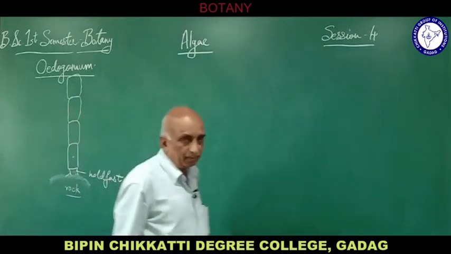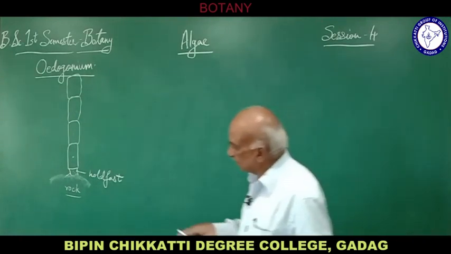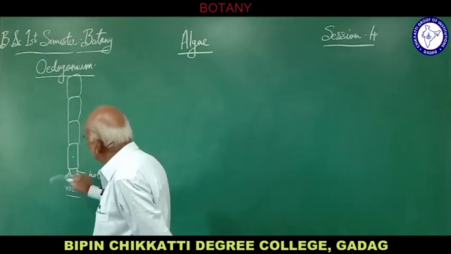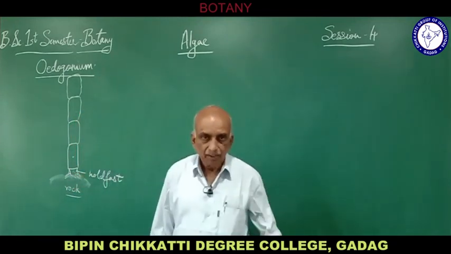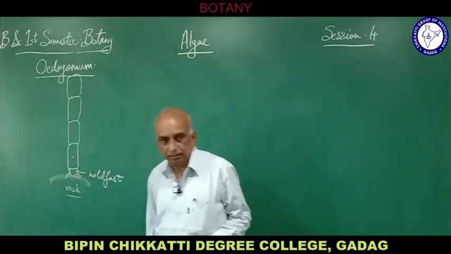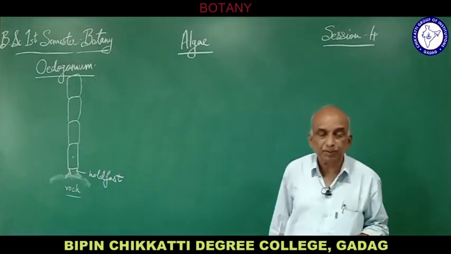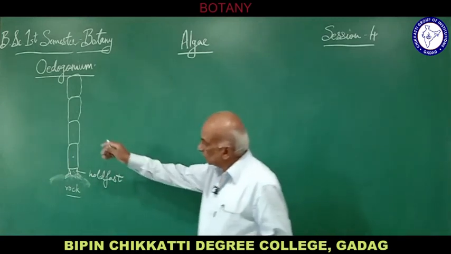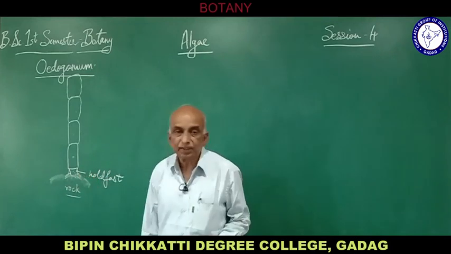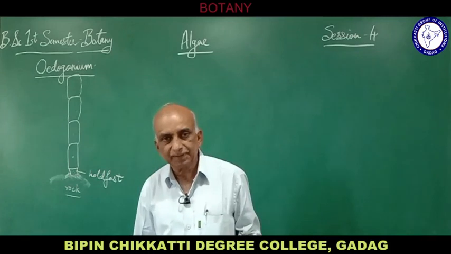So the basal cell is elongated and broad at the base. This broad base has some finger-like projections. So they help to have a proper grasp to the object and help to fix the filament properly to the substratum. So that is the holdfast cell, which is usually an empty cell, and it helps in fixation of the filament.